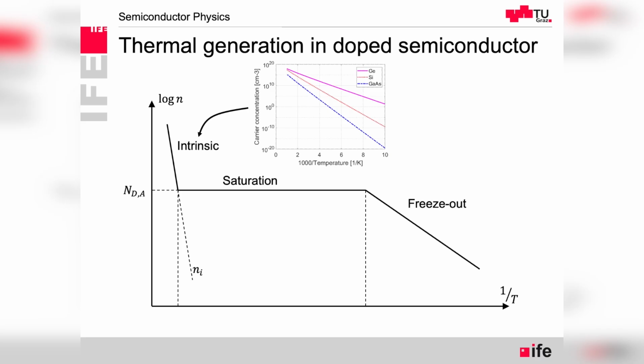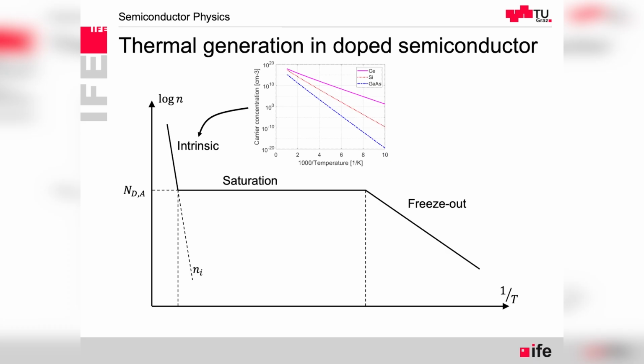This is a graphical representation of what happens with the charge carrier concentration as a function of temperature. I think that we already had a similar plot, similar visualization. But now that we talk specifically about dopants, we can analyze once again what happens.